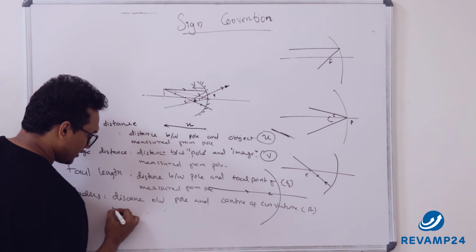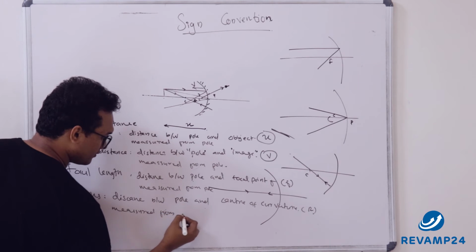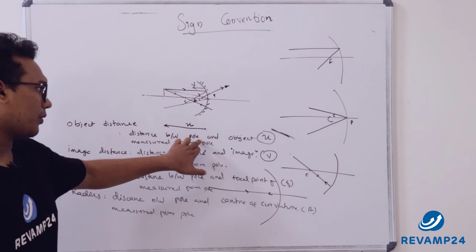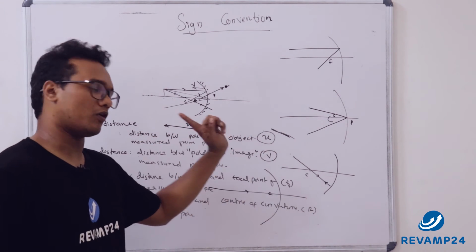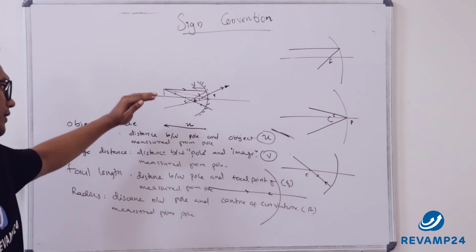Here also measured from pole. Now read it. See, object distance is the distance between pole and object, that can be measured from pole and also can be measured from object, but we are measuring it from pole.